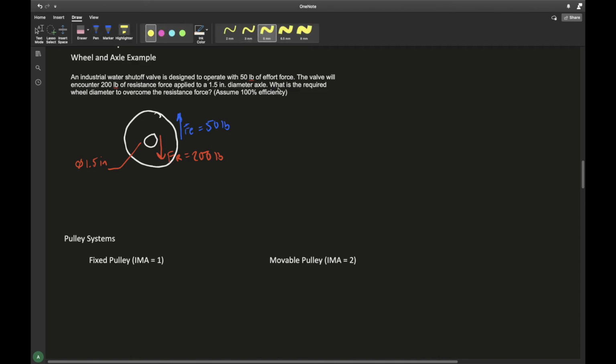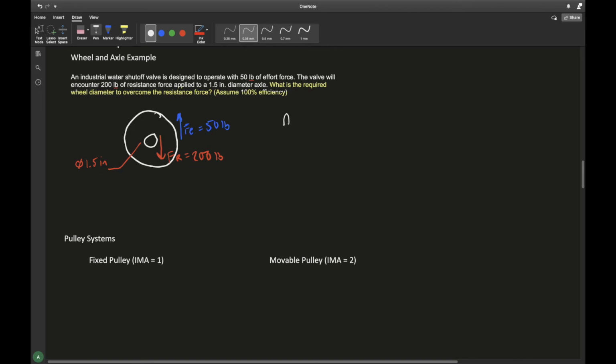So the second part of the question here we're going to solve is, what is the required wheel diameter to overcome the resistance force assuming 100% efficiency? So now we have to take a look at the concept of AMA to help us solve this. Really, behind the scenes, it's just another balancing act, just like we saw with the lever, but this is a great place to bring in AMA.